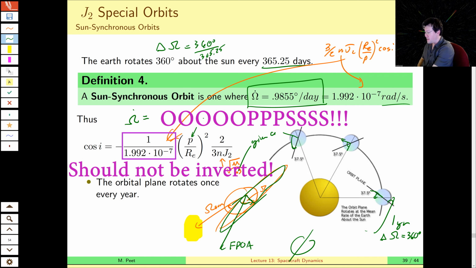And of course, given e, we can solve for the desired inclination. So a sun-synchronous orbit depends, of course, on choosing a specific inclination, but that's not necessary. You could also choose, for a given inclination, a critical e as well, or a critical a.